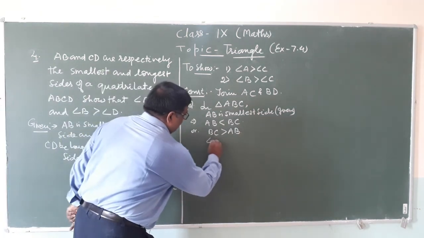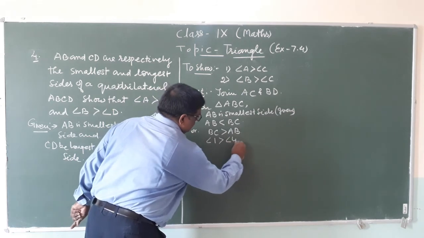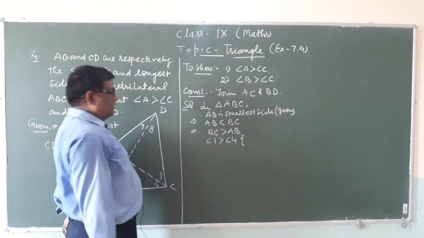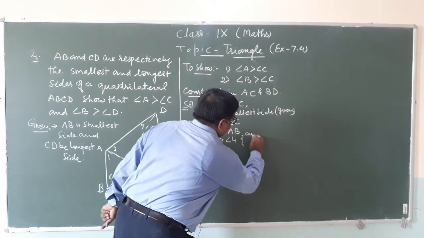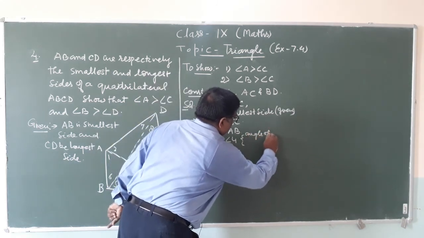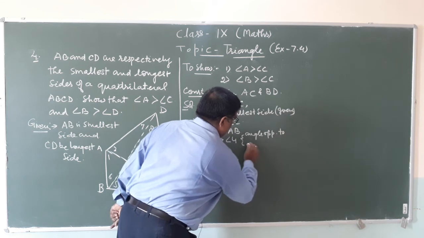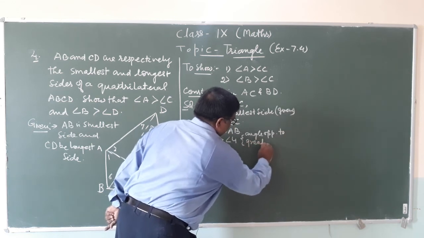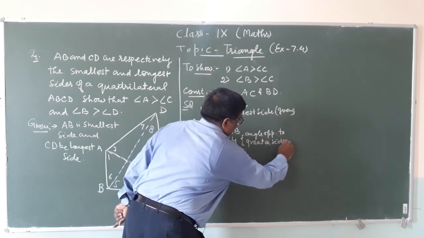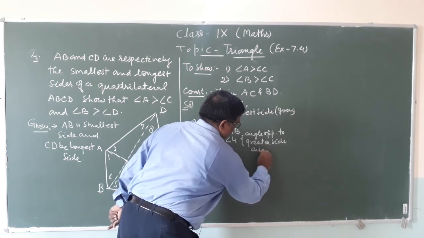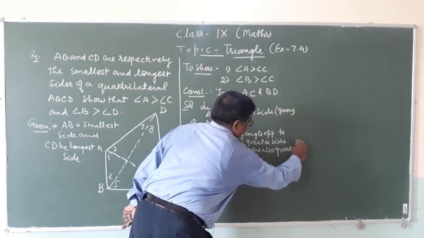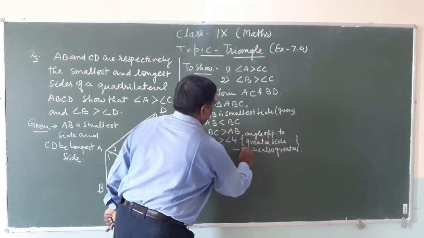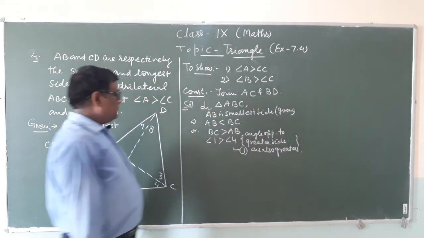So angle 1 is greater than angle 4, and what is the reason? The reason is angles opposite to greater side are also greater.